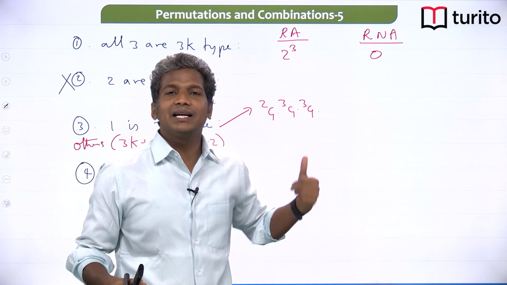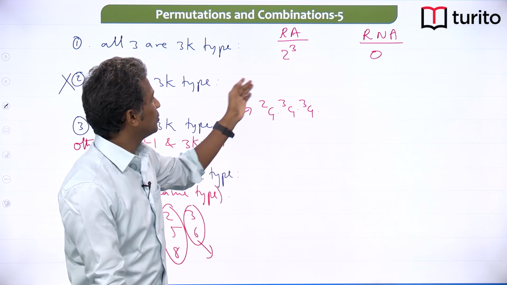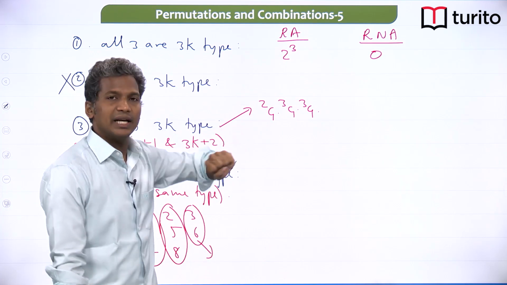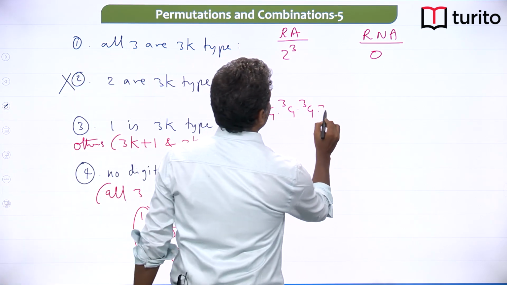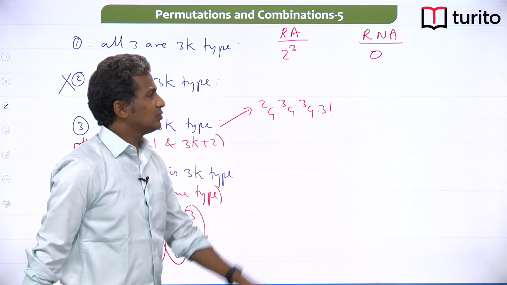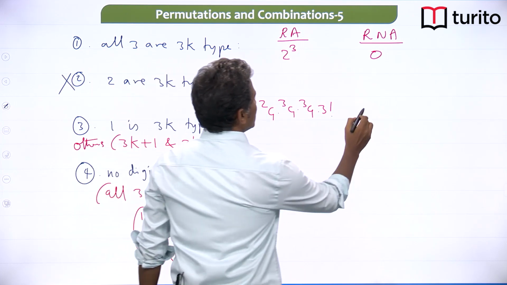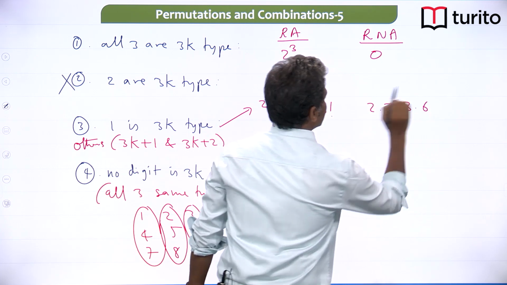So definitely here repetition is naturally not occurring. For both cases the number is going to be the same. Till here I have selected, now I will arrange all 3 of them in 3 factorial ways. For this case also it is going to be the same number, which is 2 into 3 into 3 into 6.